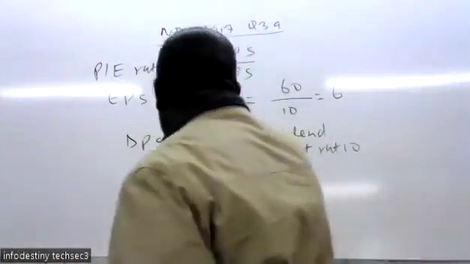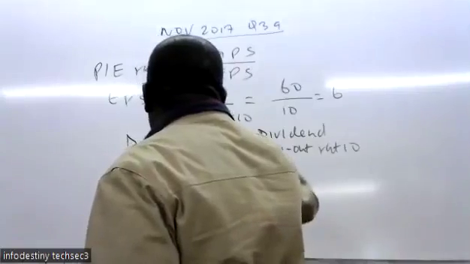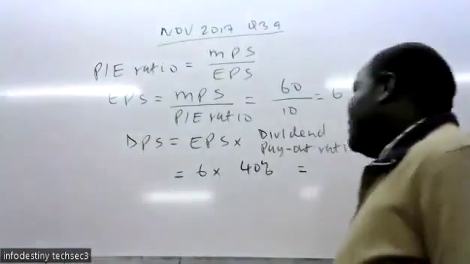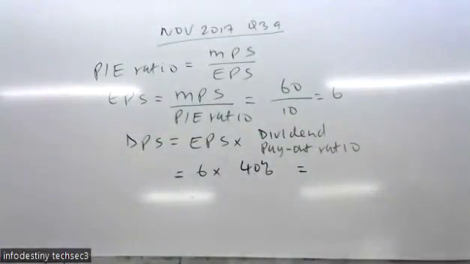So you get 40% of that, so that you get the dividend per share.